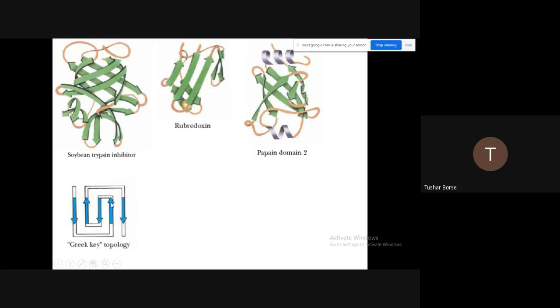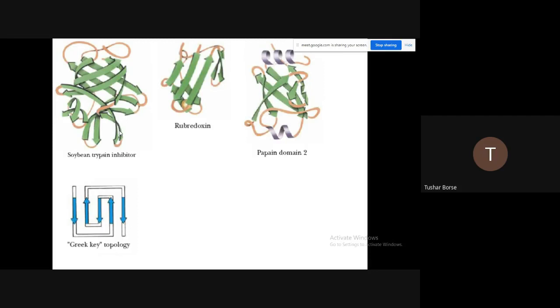So these regions which were closer to each other have moved far apart. And the region which was far away has come closer. Now this has come more closer to this region. So you can see that it has followed this particular path. And due to this typical type of fold, it is forming the Greek key topology type of proteins. Okay, which is giving a specific size and shape to that particular protein.